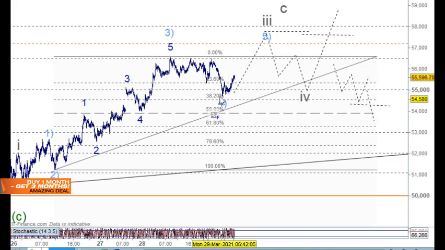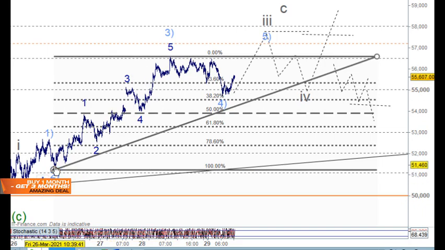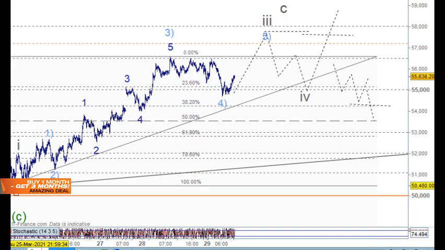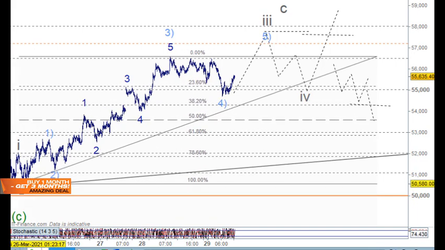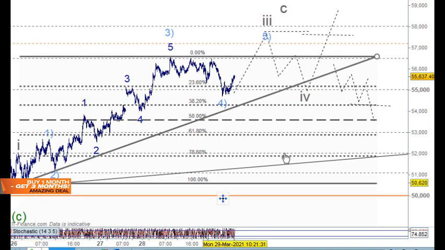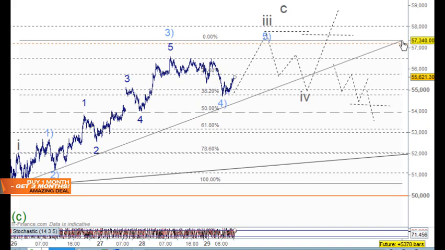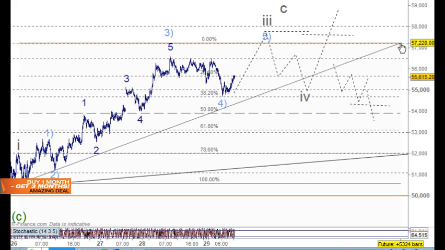So that was just pretty close to the 38.2. So that means that if we take this down to that wave 2 low there, close enough, then we come up here for that. So that will leave it at just above 57.